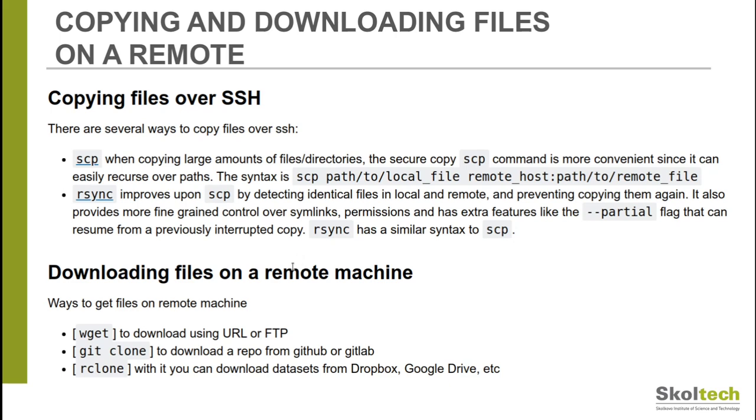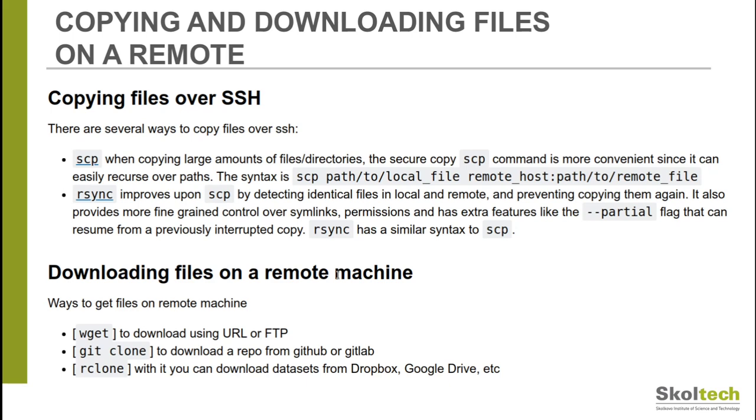Also, you can use rsync. It improves upon SCP by detecting identical files in local and remote and preventing copying them again. So if you already have files on a remote machine and you don't want to send them again, use rsync.